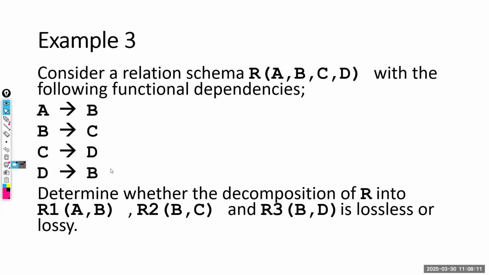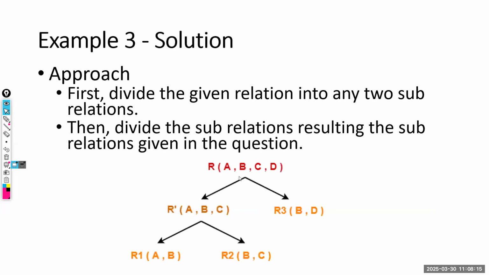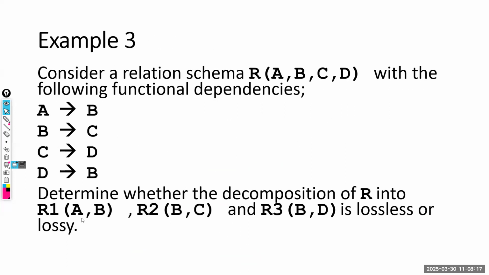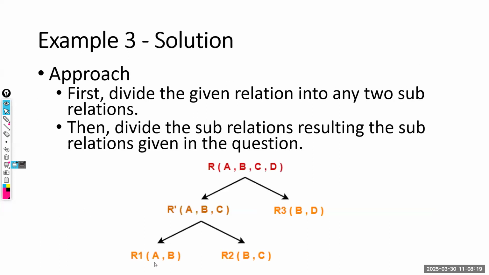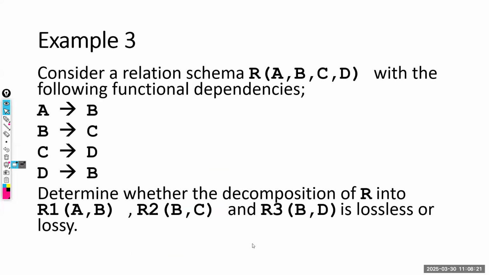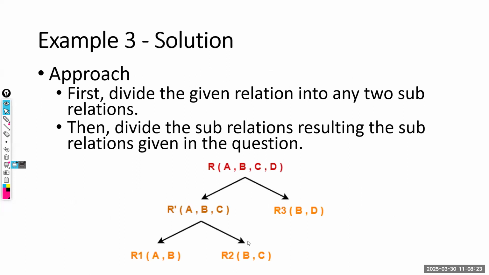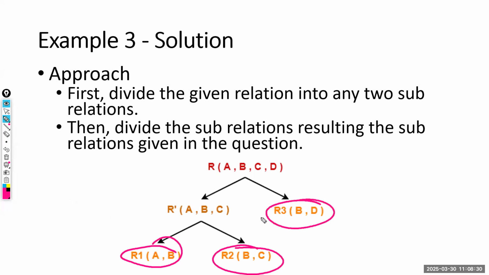Now let's take the conditions one by one. How have they taken it? (A, B), (B, C), and (B, D).